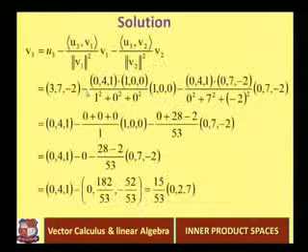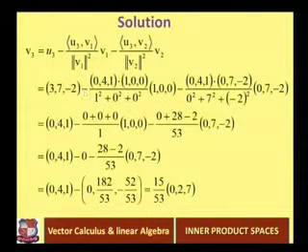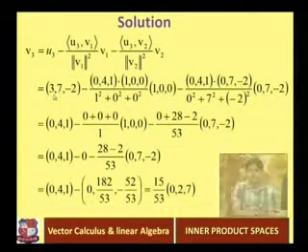Now go for the third element v3, which equals u3 minus the inner product of u3 and v1 upon the norm of v1 squared times v1, minus the inner product of u3 and v2 upon the norm of v2 squared times v2.